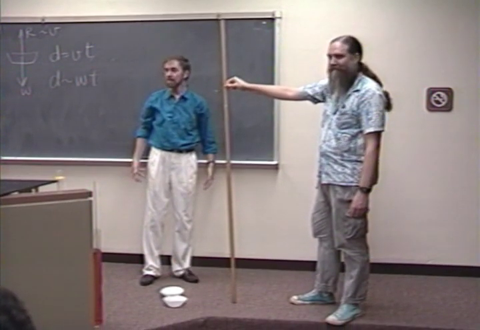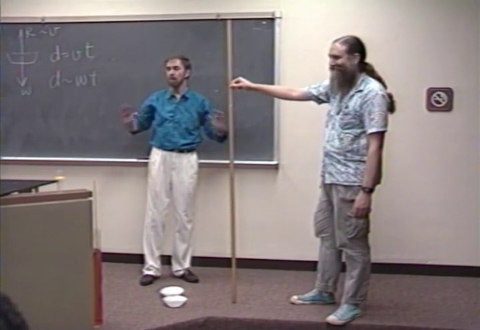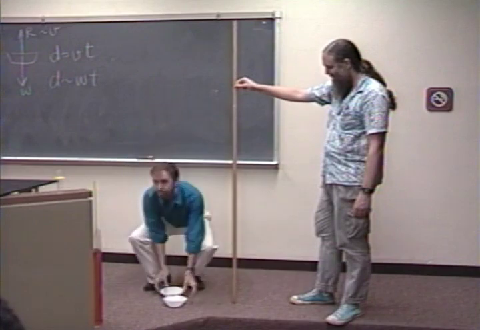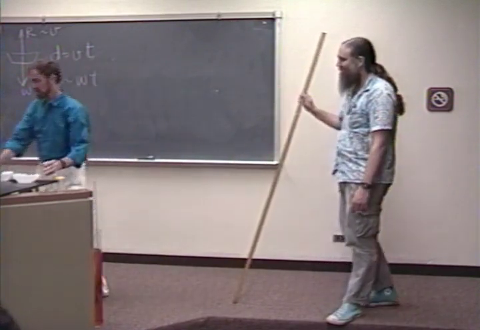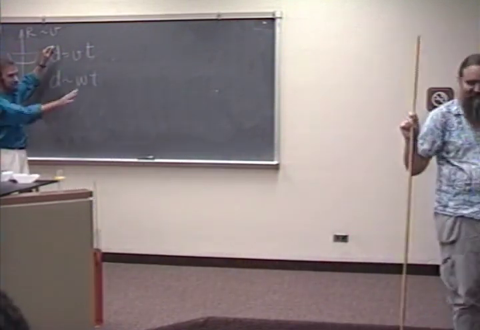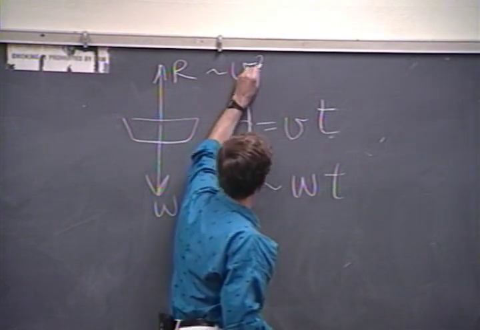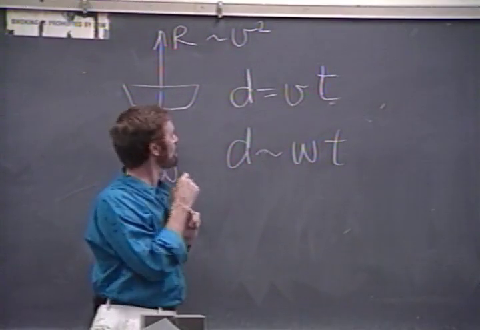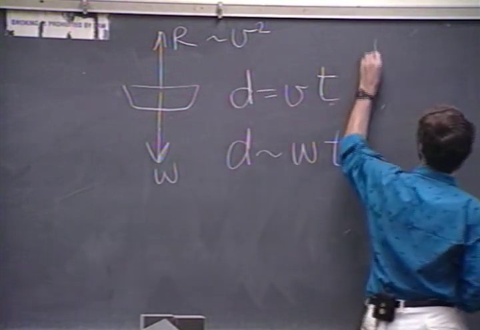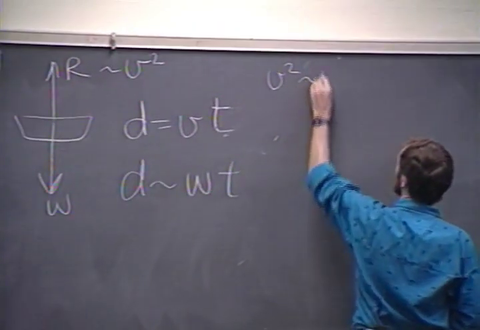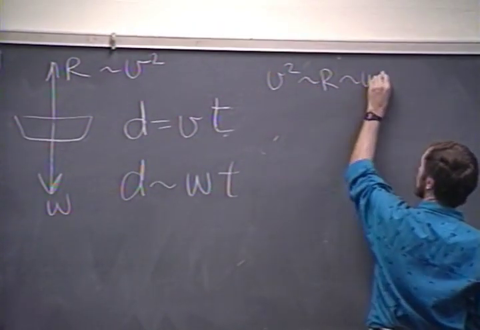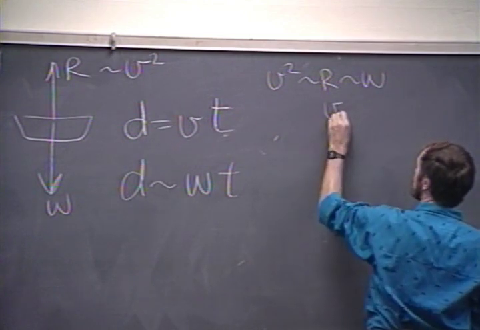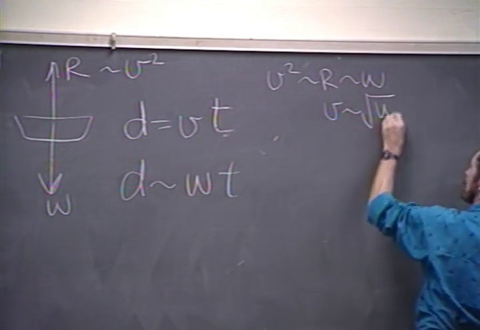They did not hit at the same time. So, hypothesis, no good. But let's suppose the resistance is proportional to the velocity squared. All right? If velocity squared is proportional to resistance, which is proportional to weight, that means the velocity would be proportional to the square root of the weight.